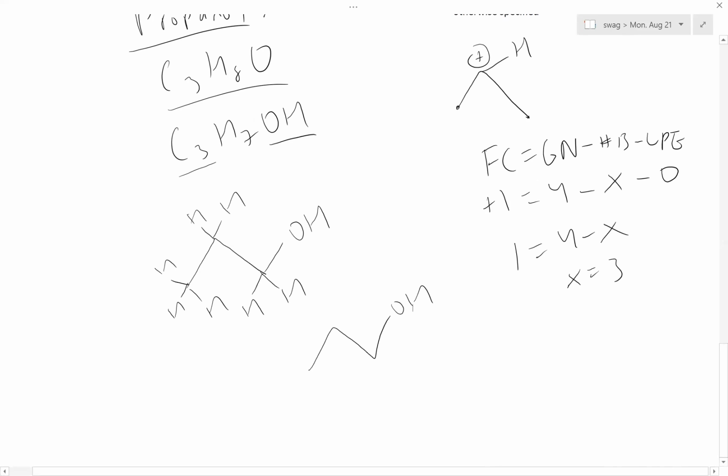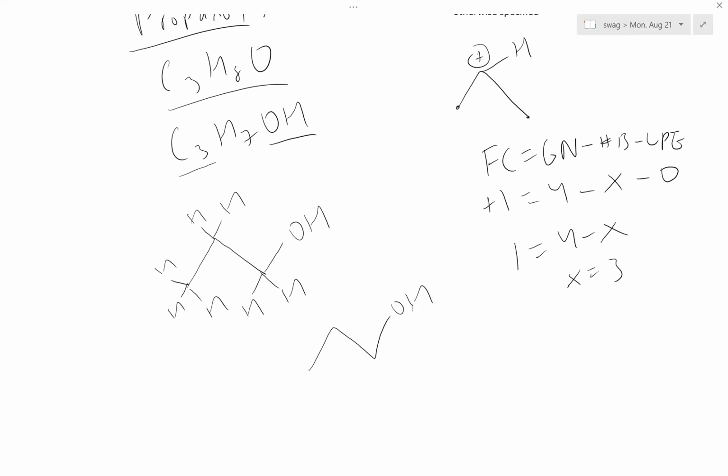We're able to assume hydrogen without showing the hydrogen if it's bonded to carbon, like here. But there's no way to assume a hydrogen's bonded to this oxygen because oxygen could be bonded to anything. So that's an important distinction.